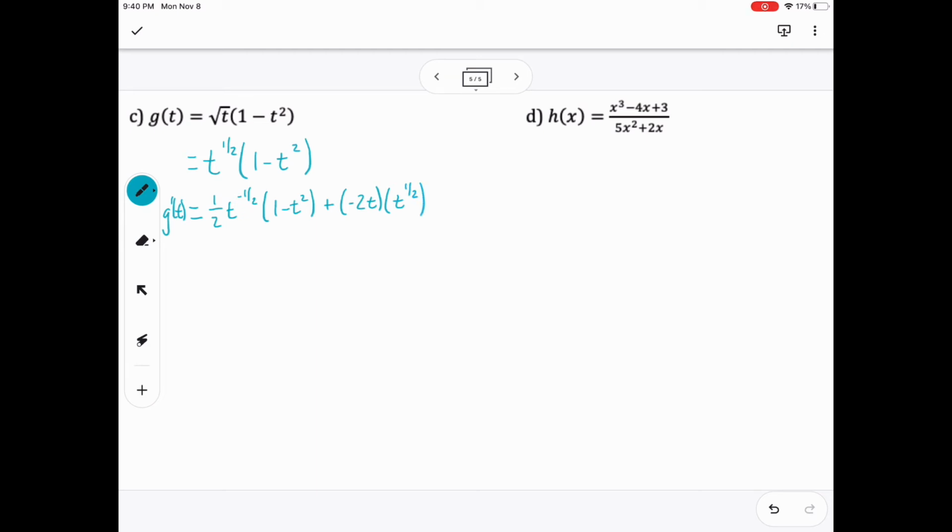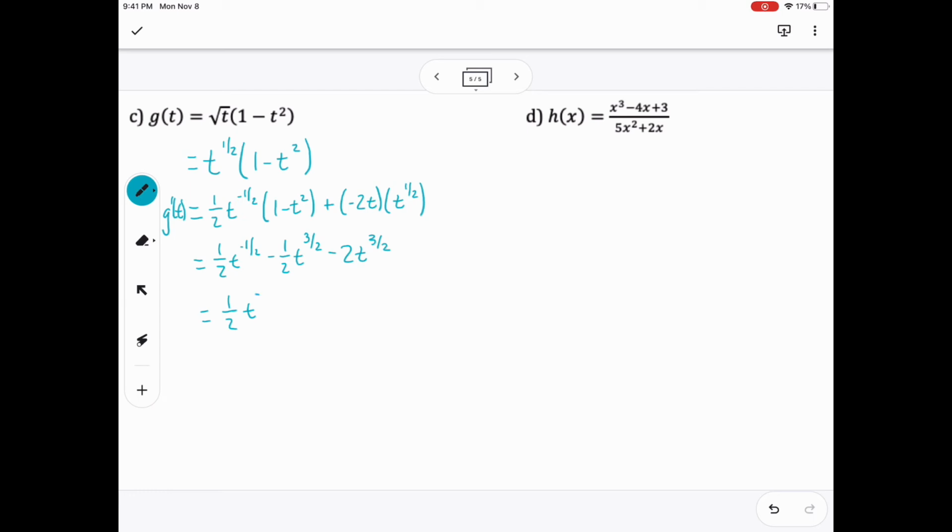And then from there we want to distribute and put like terms together. So we get 1/2 t to the negative 1/2 minus 1/2 t to the 3/2 power, and then minus 2t to the 3/2 power as well. So here I have like terms of t to the 3/2. So I'm going to put those together.